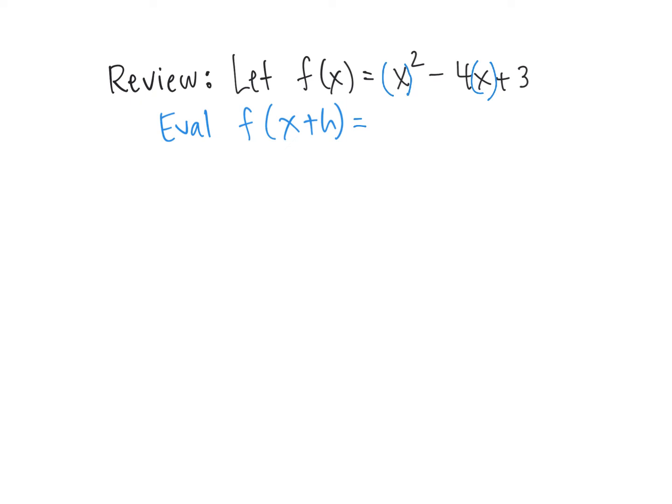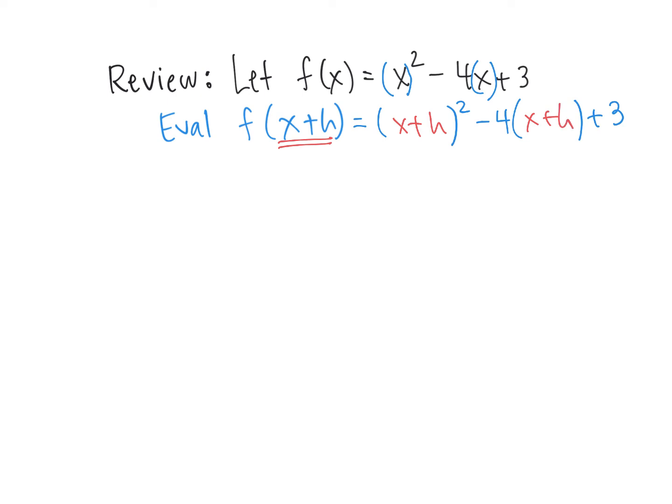So I'm going to get ready. My input's going to go here. I'm going to square it. Minus 4 times my input plus 3. So what is my input? My input is this x plus h there, and x plus h there.